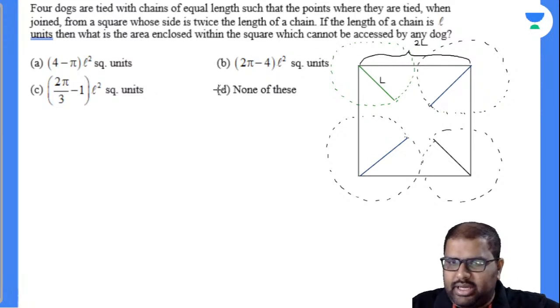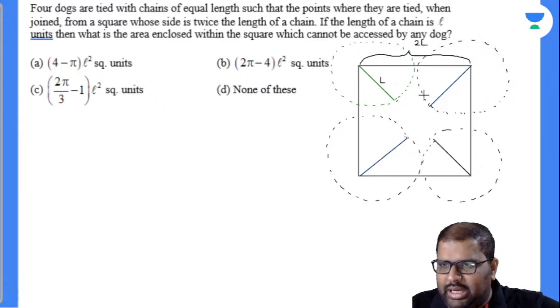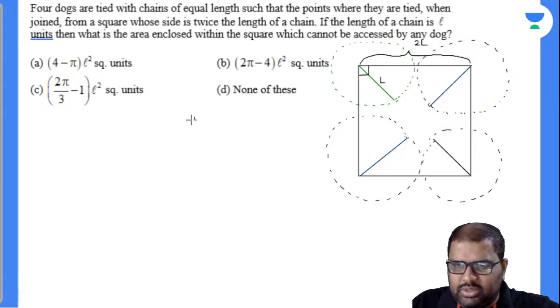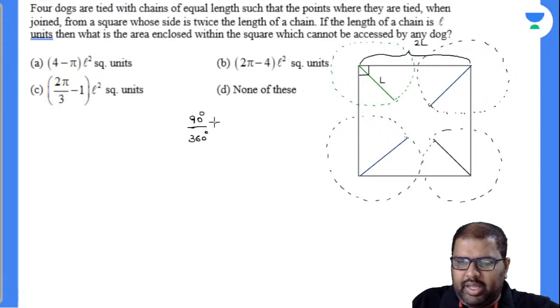Now closely observe, a dog can run only in this dotted area, and this is nothing but a sector of a circle, and the central angle is 90 degrees. So the sector area is 90 degrees divided by 360 degrees into pi r square. The r value is the length of the chain, L. So one-fourth of pi L square, and 4 dogs are there, so automatically pi L square is the area covered by the dogs.